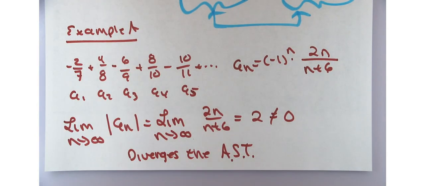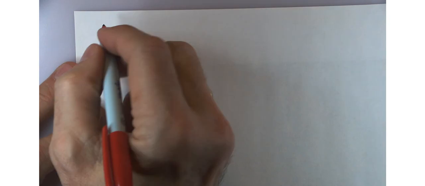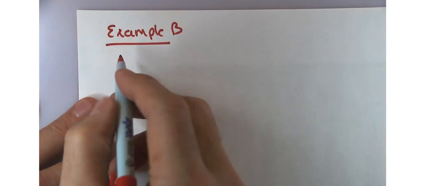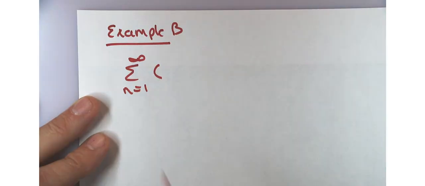Let's move on to example B here. We got the sum from n equals 1 to infinity. Got another alternating series here.